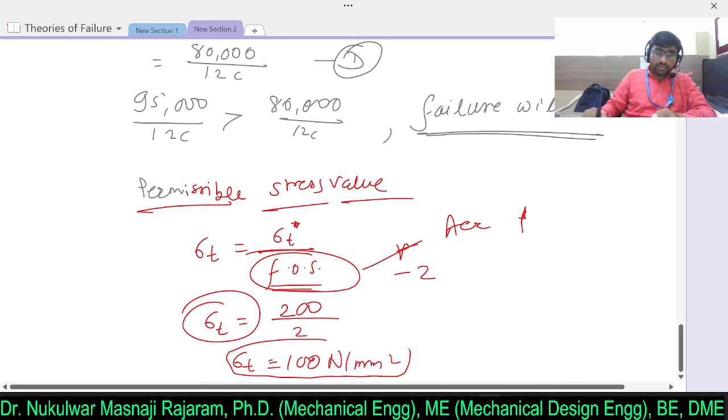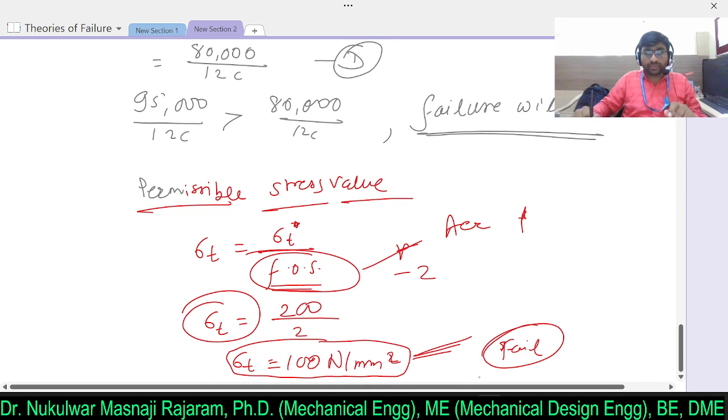Clear? And this value I will check with the different theories of failure. If material failure takes place, then definitely your system will fail. As we have taken a factor of safety equal to 2, you may increase it if a precise instrument is involved or it is used for a different application.